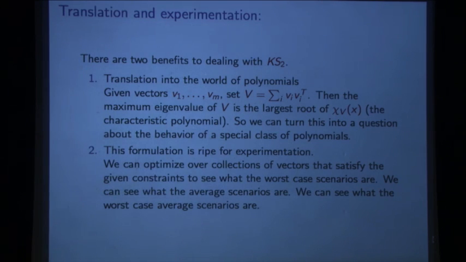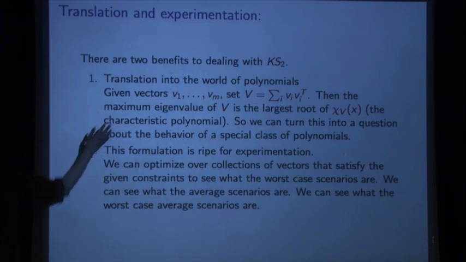The second thing that's nice about it is this formulation is ripe for experimentation. I don't know how to take random collections of subalgebras and extend them to Hilbert spaces, but I can take random collections of vectors, form their characteristic polynomials, and see what happens.